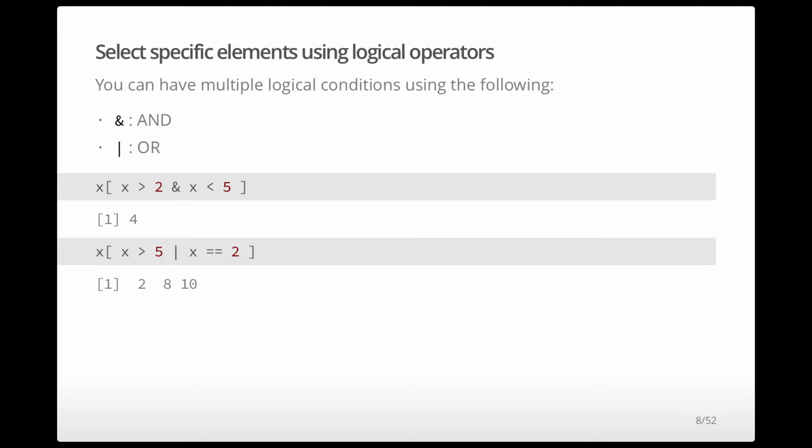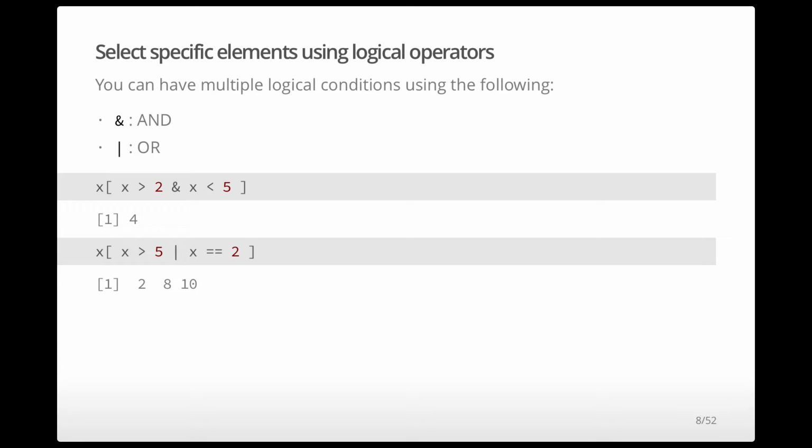So we don't have to just put one statement here. We can make compound statements, anything like that. They will follow the rules of logic. And I mean that in the sense you have to group things together with parentheses that you want to work together. So here, I don't want just x greater than 2. I want x is greater than 2 and x is greater than 5.